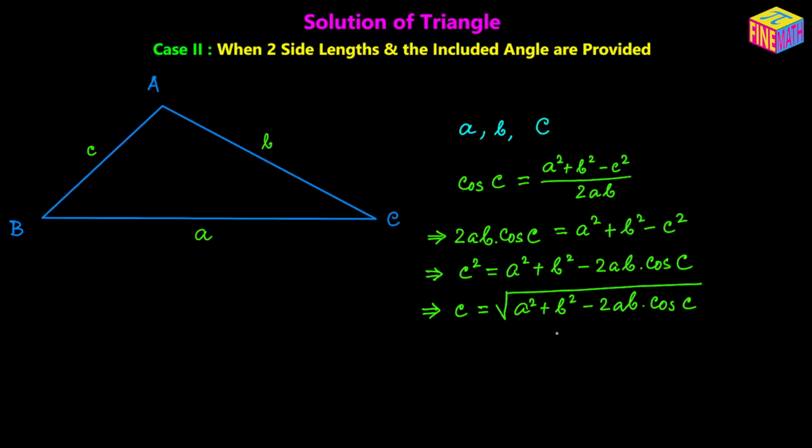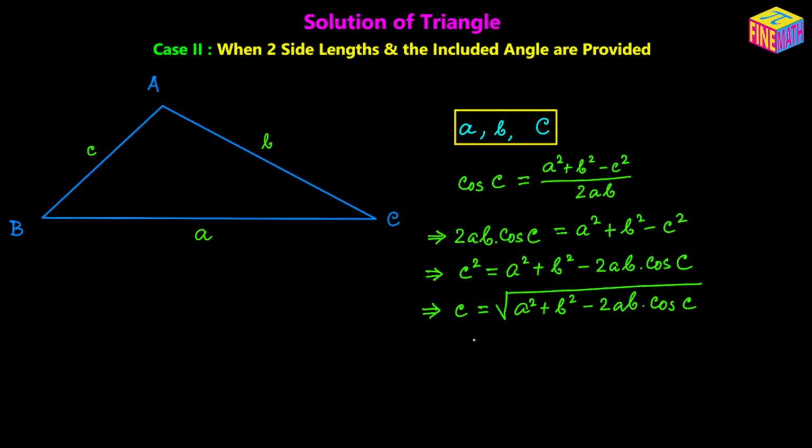Inside the square root, we know the values of a, b and the angle C, because those are the 3 pieces of information provided, so we should be able to calculate the side length c.